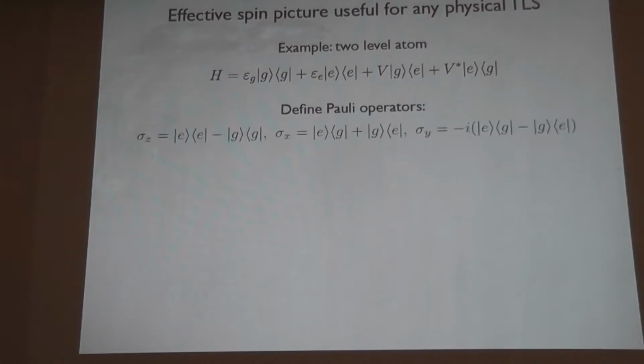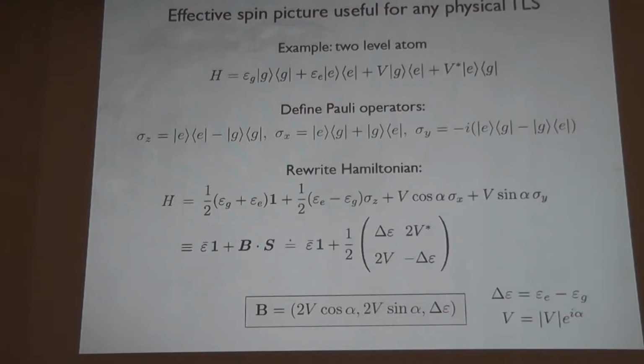But if we now define Pauli operators in terms of these states, so sigma z would be the difference of projectors onto excited and ground states, and so forth, then this Hamiltonian, which didn't have any particular geometric meaning, suddenly can be expressed essentially as some kind of spin in an effective magnetic field.